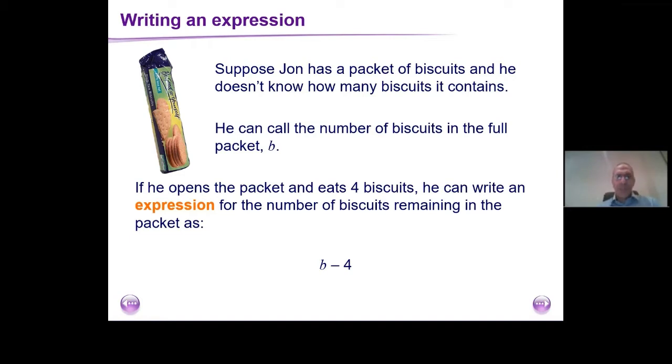So if he were to eat 4 biscuits out of the packet, we don't know how many biscuits are in the packet, but a full pack of biscuits is represented by B. If he eats 4 of those biscuits from the packet, it will be B minus 4. So this is an expression used in the real world. We don't know how many biscuits there are, but he's eaten 4. So you will say the pack of biscuits full minus 4 is the expression for what has happened.